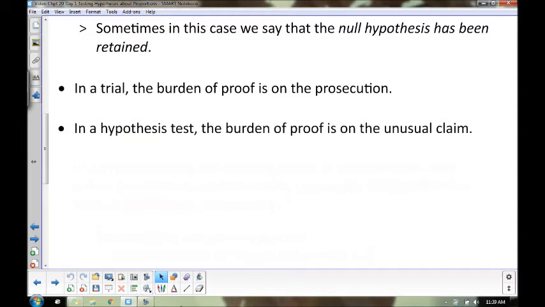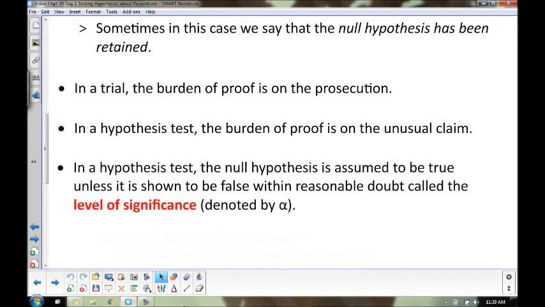In the hypothesis test, the burden of proof is on the unusual claim. And basically what that's saying is, is my one sample, my one piece of evidence, strong enough to show beyond a reasonable doubt that the null hypothesis was false? Now, here's the cool thing.